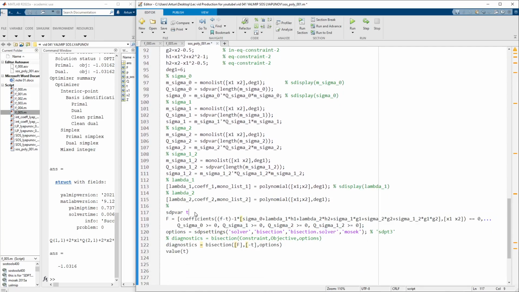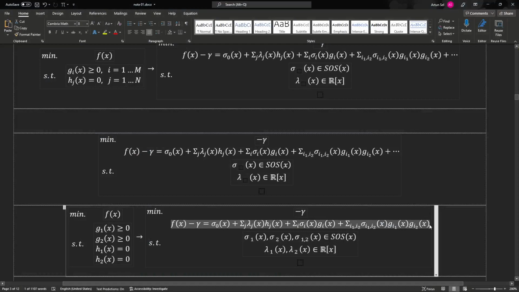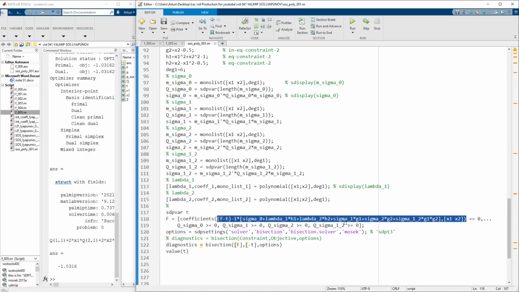And this part is the critical part. Again, you define your gamma or t here, and this expression looks long and complicated, but if you look at it carefully, this is exactly this expression. This is exactly this expression. So don't get thrown off by that. And here is a critical part.